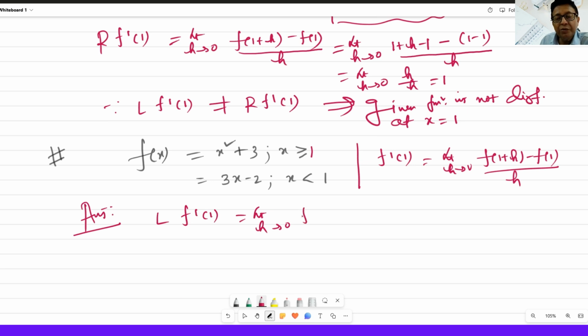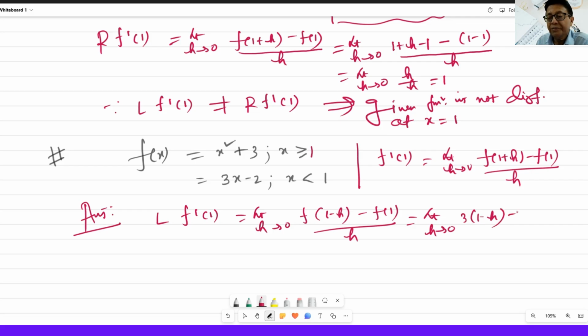So the left f dash 1 will be what? h tending to 0, f of 1 minus h minus f1 by h. 1 minus h is this part, you write 1 minus h. 3 into 1 minus h, yes, it will be minus h. Minus 2 minus f1, f1 if you take, this divided by minus h.